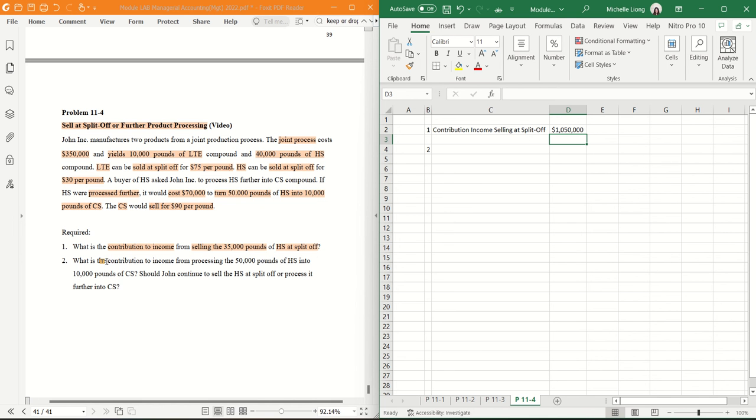Number two, what is the contribution to income from processing the 50,000 pounds of HS into 10,000 pounds of CS? And should John continue to sell the HS at split off or should they process it? So as simple as this, when you say further processing, we need to see first what is the revenue from further processing.